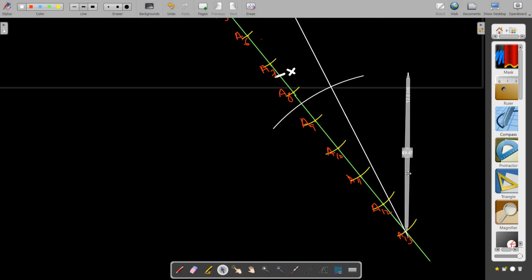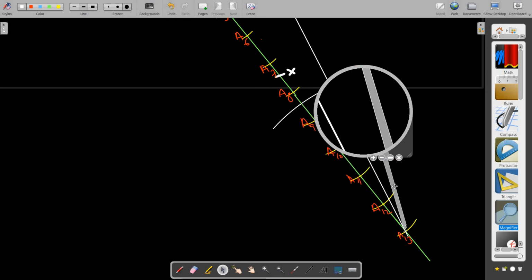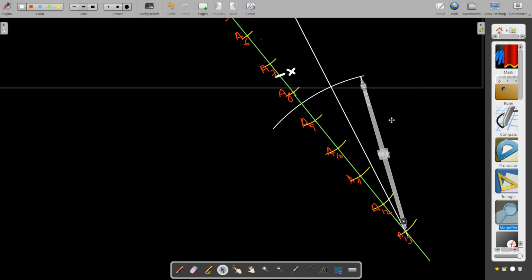With the same radius, with which I have drawn an arc here, this is 12 centimeter that you can see. If you're not able to see, I place a magnifier. Yeah. Now see, 12 centimeter. So with a 12 centimeter radius, I have to draw an arc placing the pointer at the fifth division.